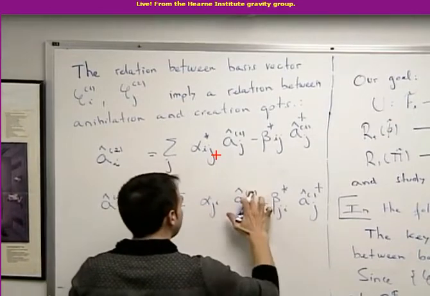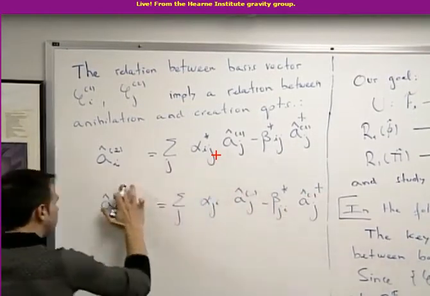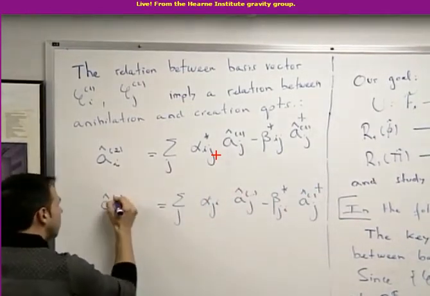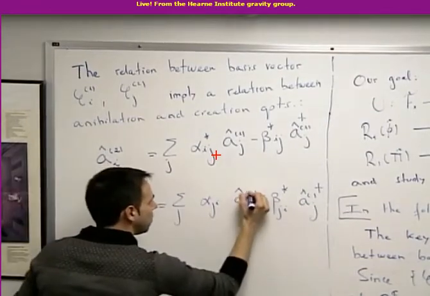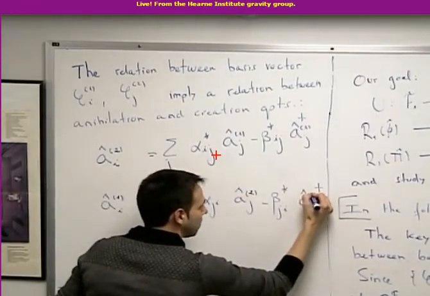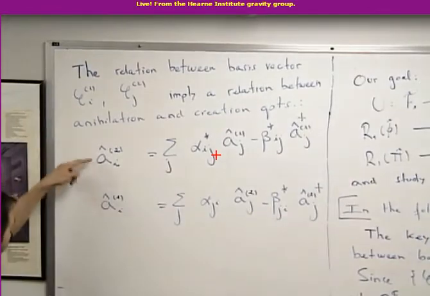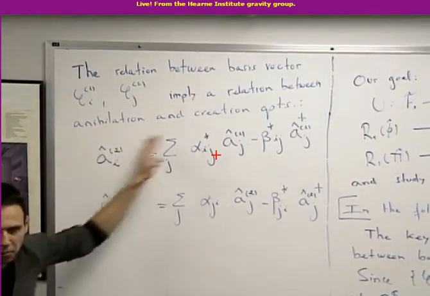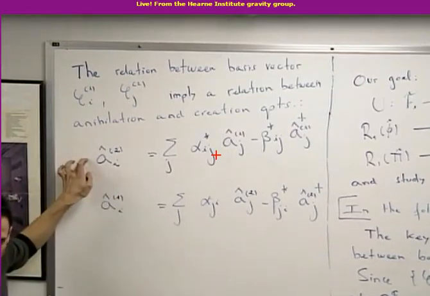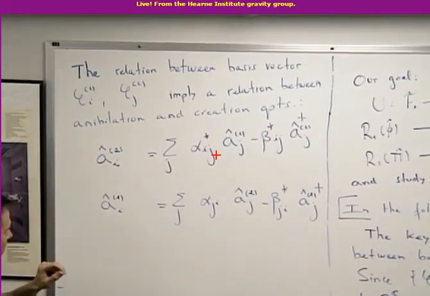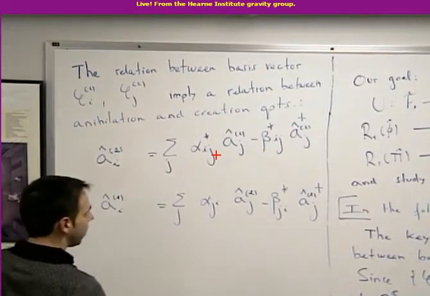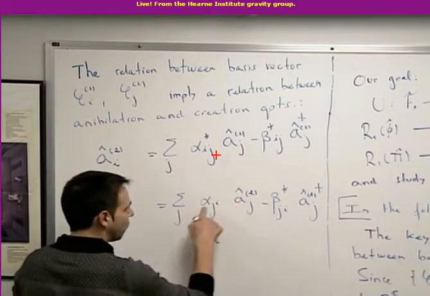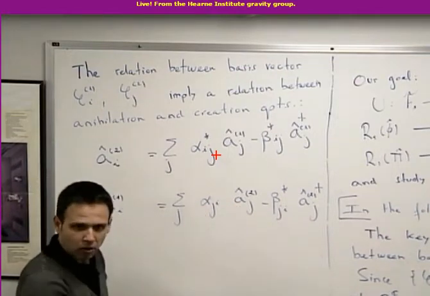Sorry, I am writing here the inverse transformation. A2 dagger is obtained from here just taking the Hermitian conjugate. Which ones are stars and which are daggers? Coefficients are stars because they are complex numbers.